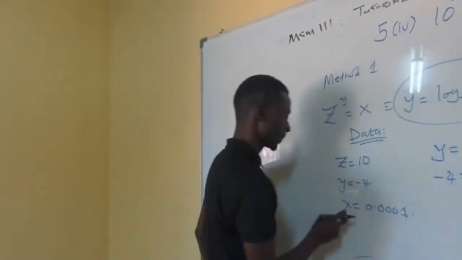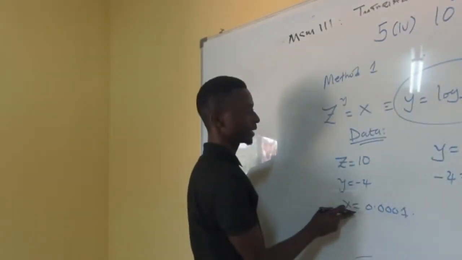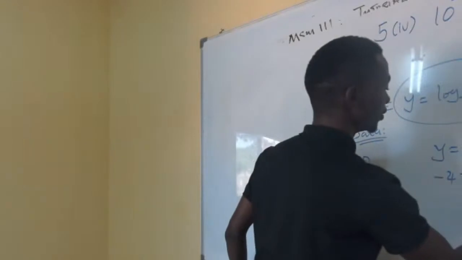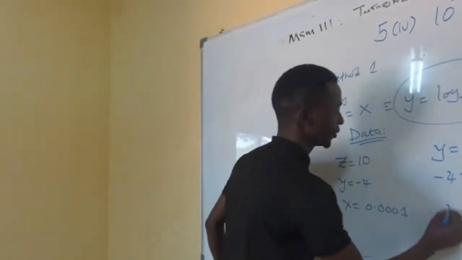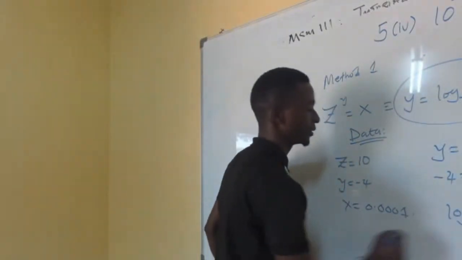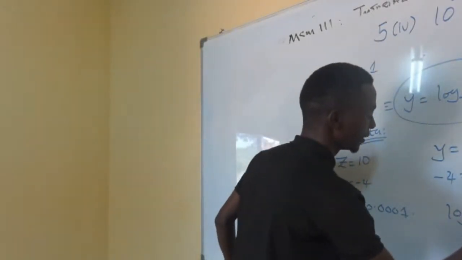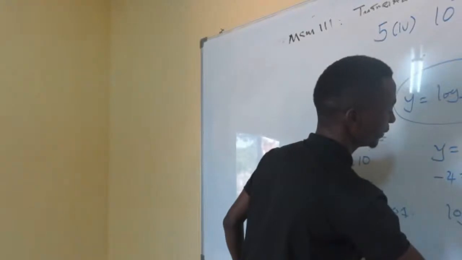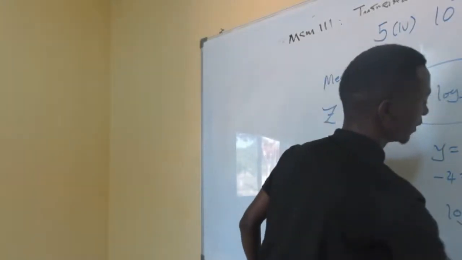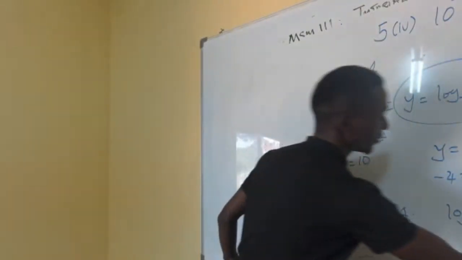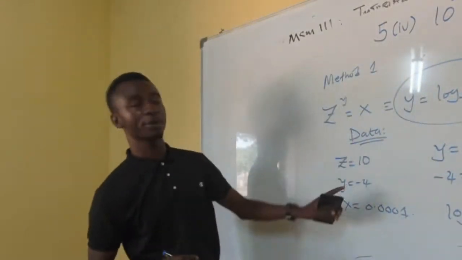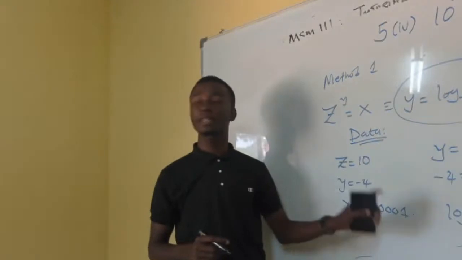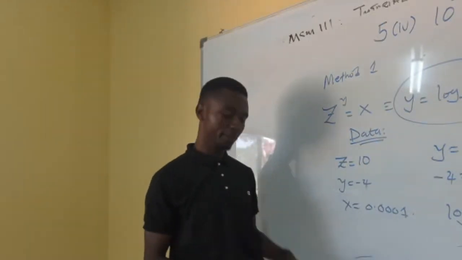You write 10. Then what is x? x is 0.0001. So you can also conclude to say log 10 of 0.0001 equal to negative 4. So that's our final answer using method 1.